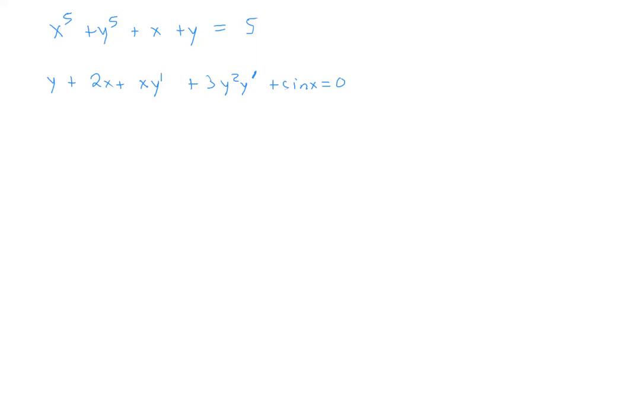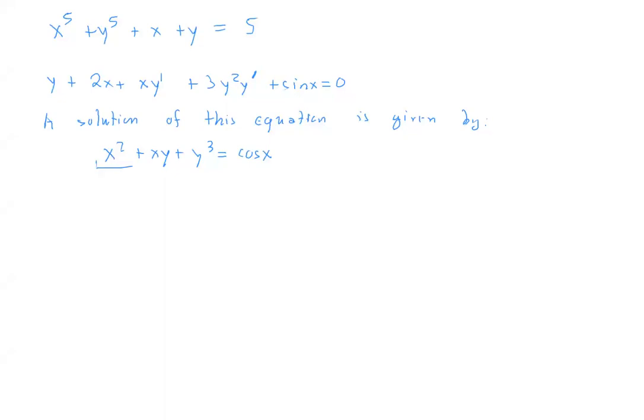And somebody tells you that a solution of this equation is given by, here's your function, x squared plus xy plus y cubed is equal to cosine x. Somebody tells you, here's the solution.